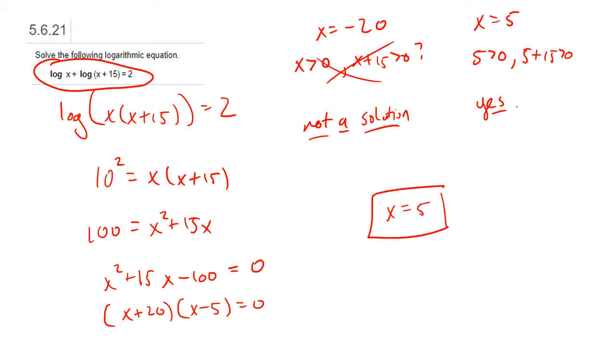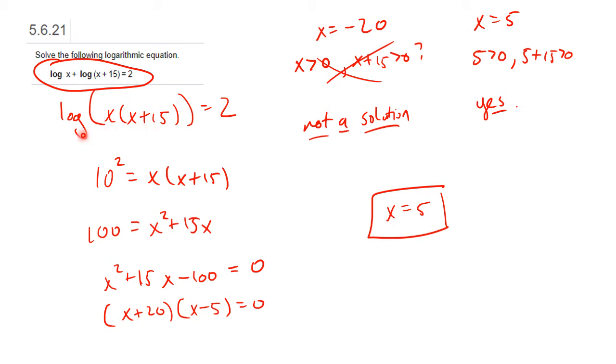Okay. Looking back at what happened, the first thing we did was we said the log of x plus the log of x plus 15 is equal to the log of this product. That's true as long as all of these logarithms exist. So if x is -20, here I have a negative value, that's bad. Here I have a negative value, that's bad. But if x and x plus 15 are both negative, then x times x plus 15 is actually positive.